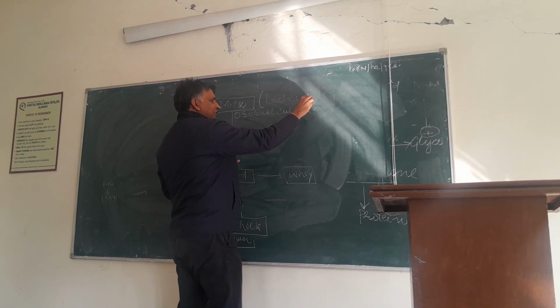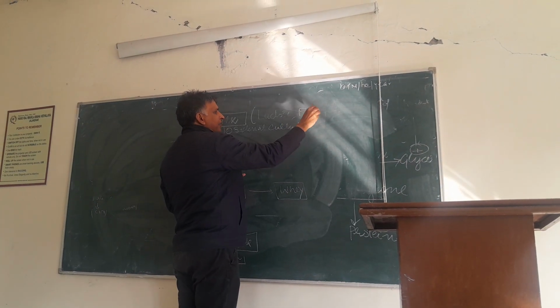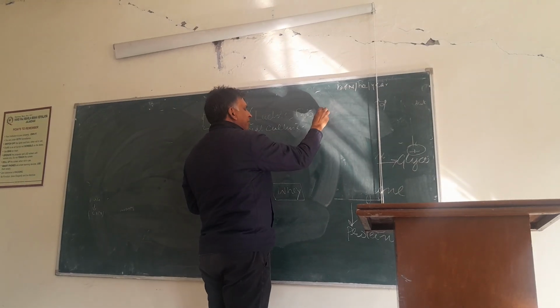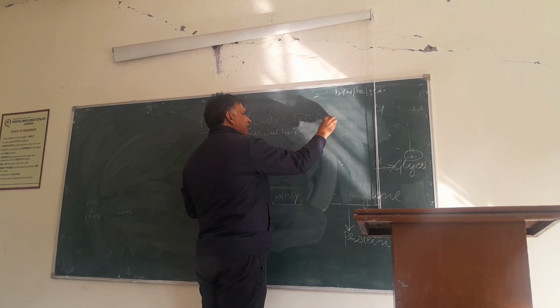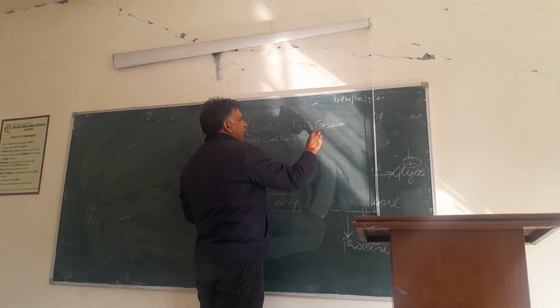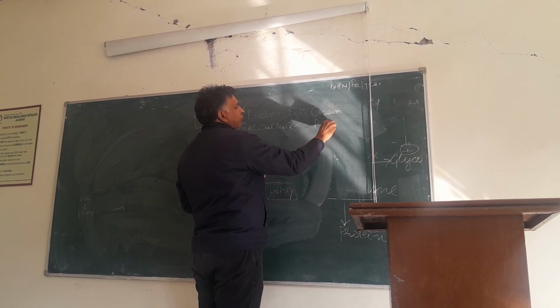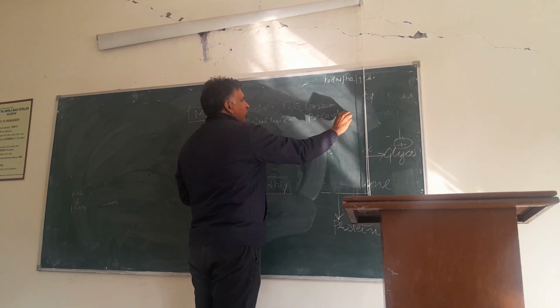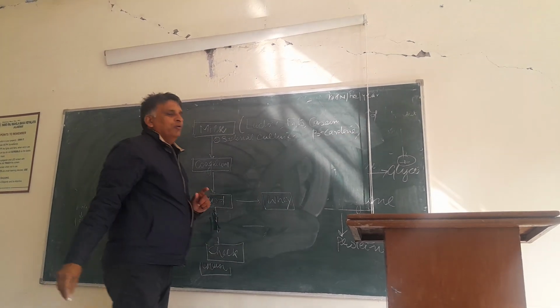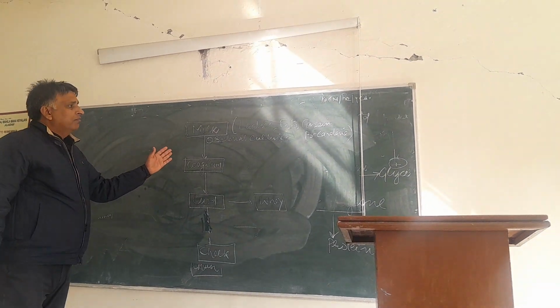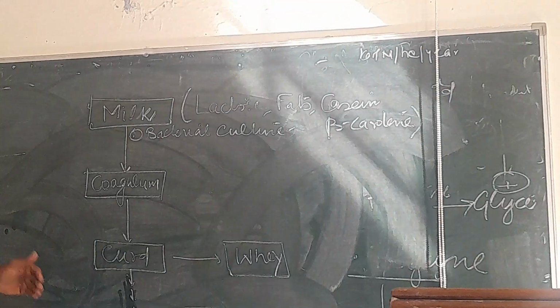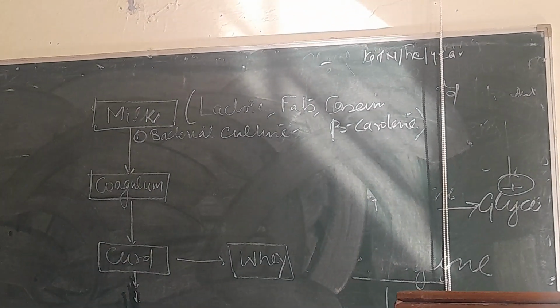Besides lactose, it contains fats, lipids, and it contains the unique protein which is called casein, a very important protein, and then we have beta carotene. These are the important components of milk which we are taking into consideration for the formation of cheese.